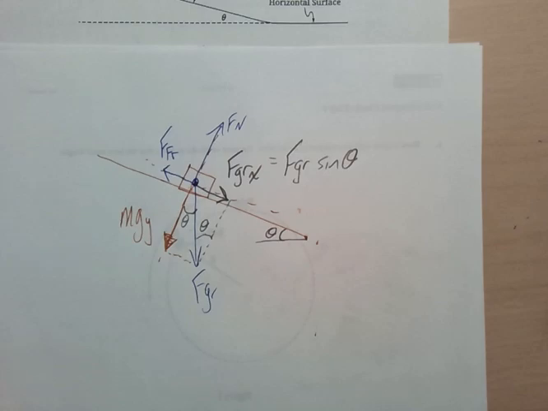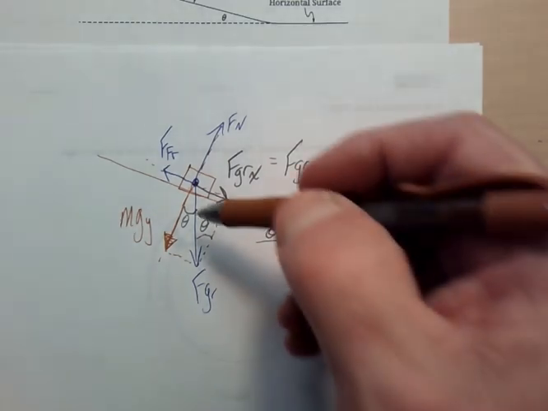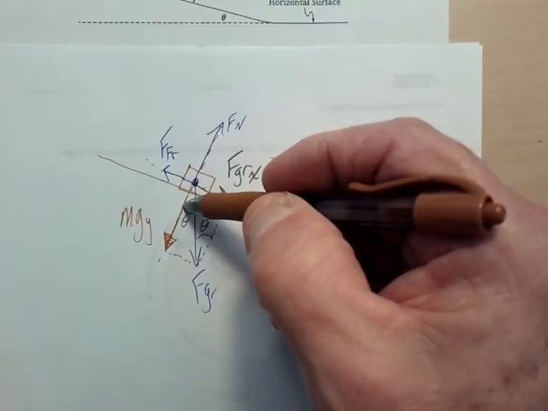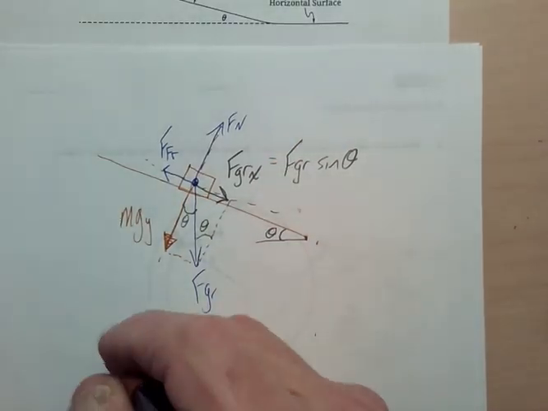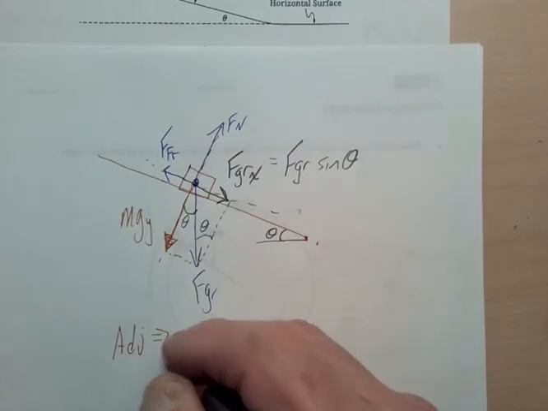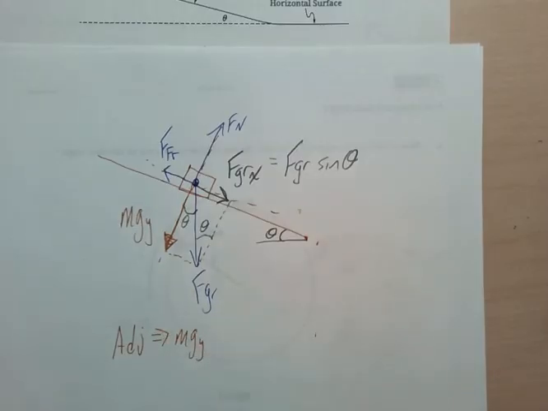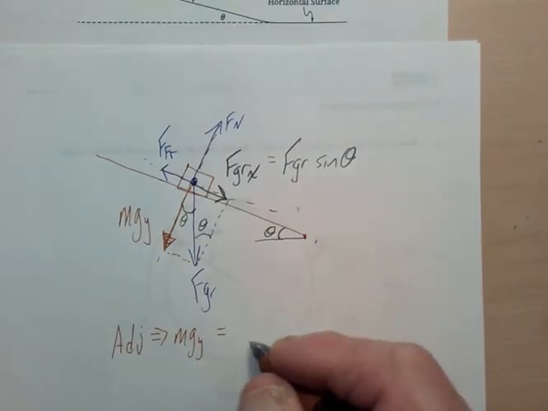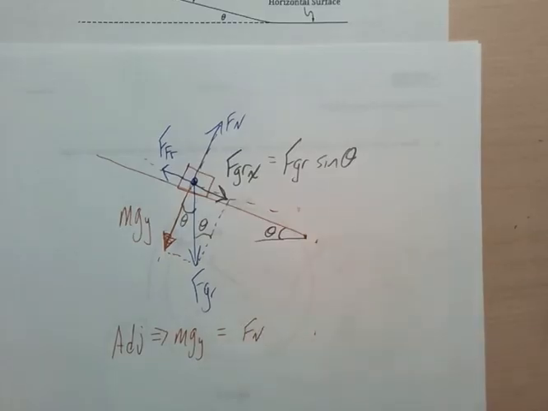Contact force is equal and opposite to it. And so what is mg on the y-axis equal to? Well, it's mg cos theta, right? Because the adjacent leg is what we're after. And the adjacent leg is mg on the y-axis, which is going to be equal and opposite to force normal.